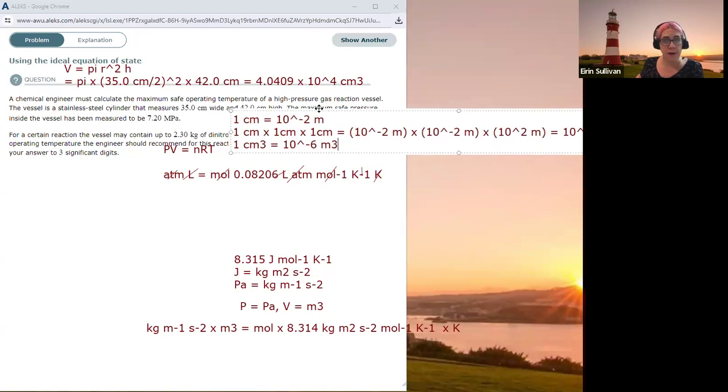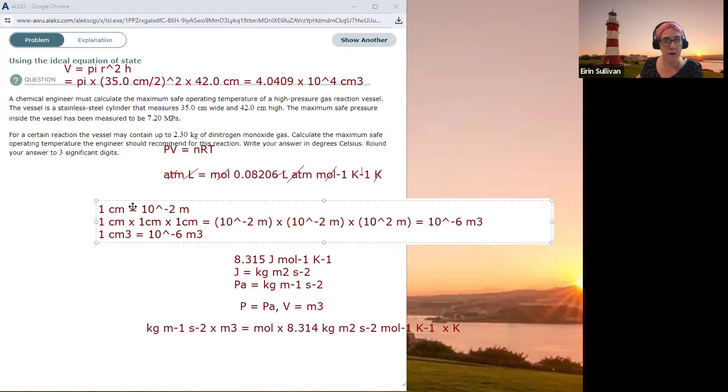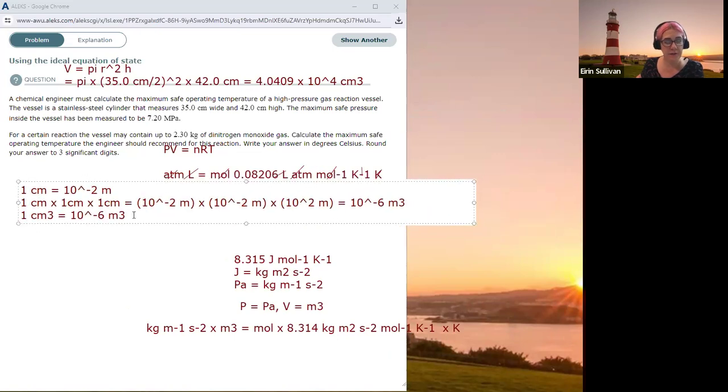So then I can take that 4.09 times 10 to the 4 centimeters cubed and convert it into meters cubed. My volume equals 4.0409 times 10 to the 4 centimeters cubed, and I want centimeters cubed on the bottom.